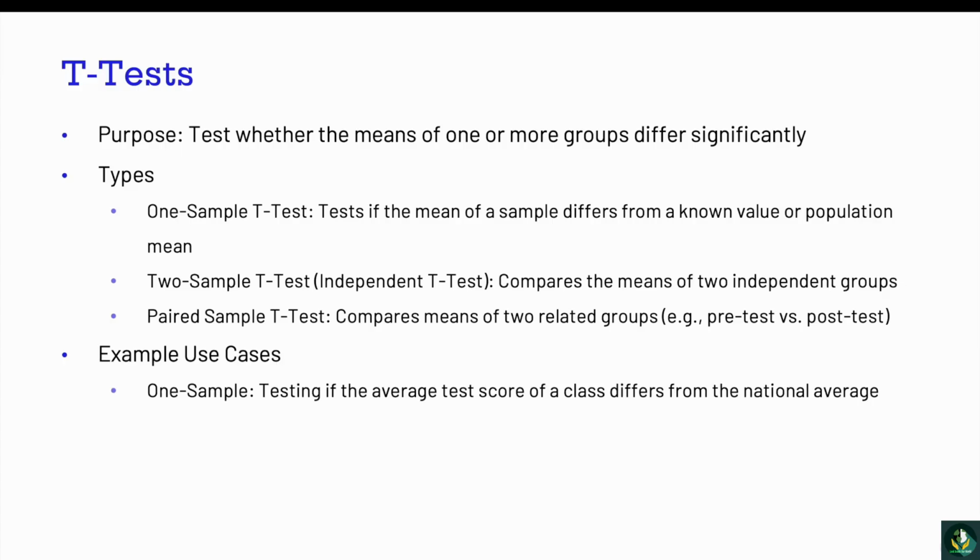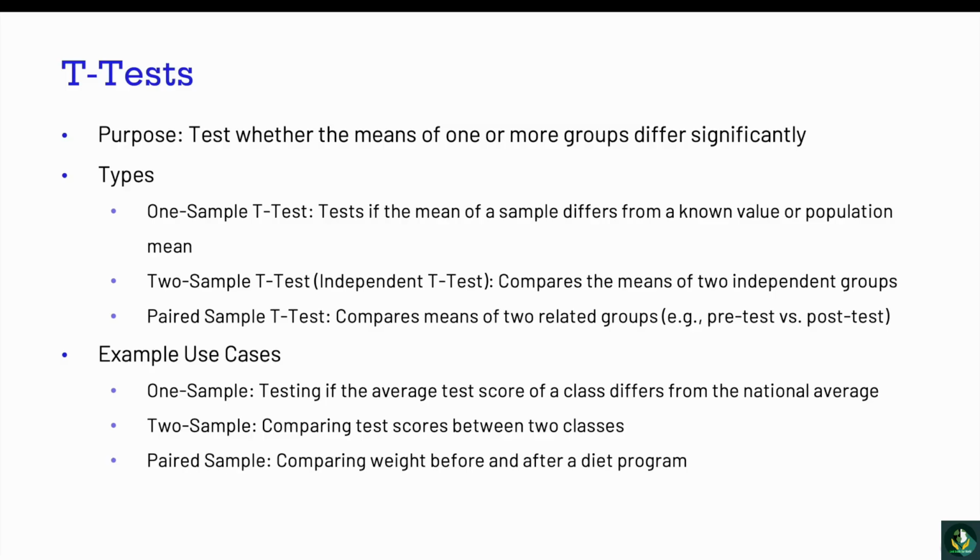One sample is testing if the average test score of a class differs from the national average. We can use two sample for comparing test scores between two different classes. We also can use paired sample for comparing weight before and after a diet program.